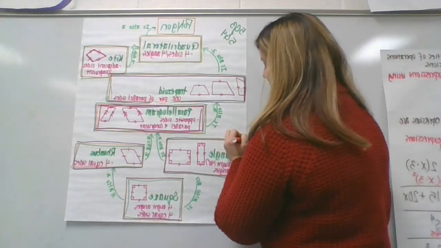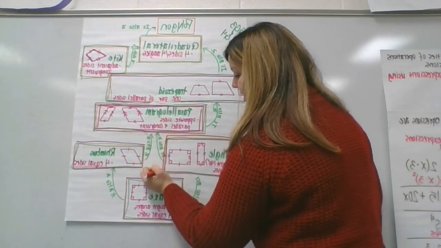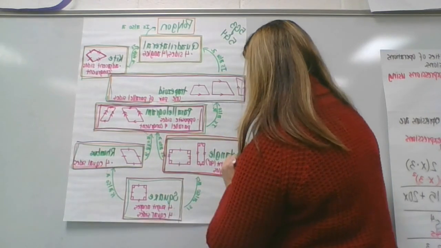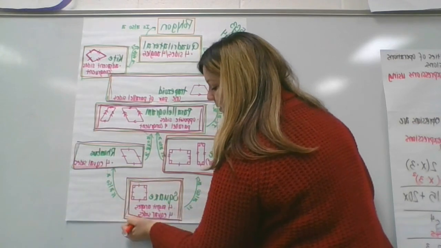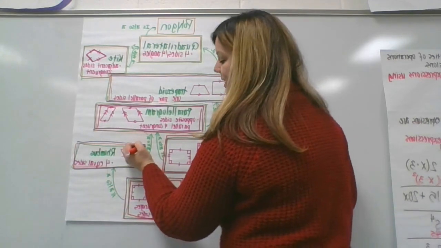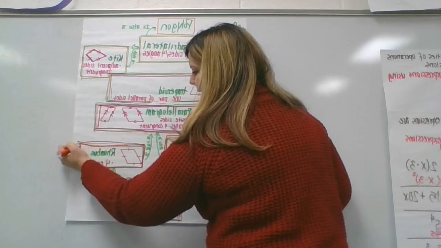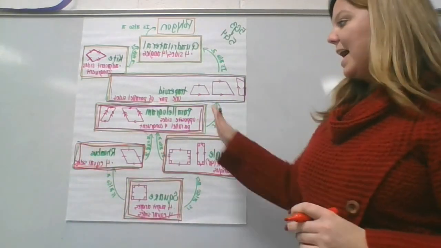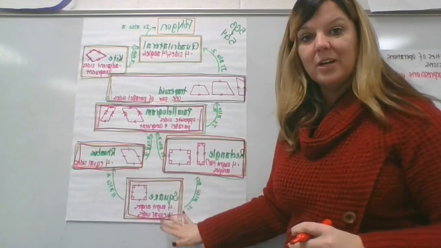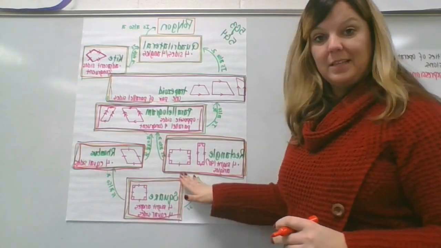So rectangles have two sets of parallel sides. Squares have two sets of parallel sides. And rhombuses have two sets of parallel sides. So everything below the parallelogram is also a parallelogram.